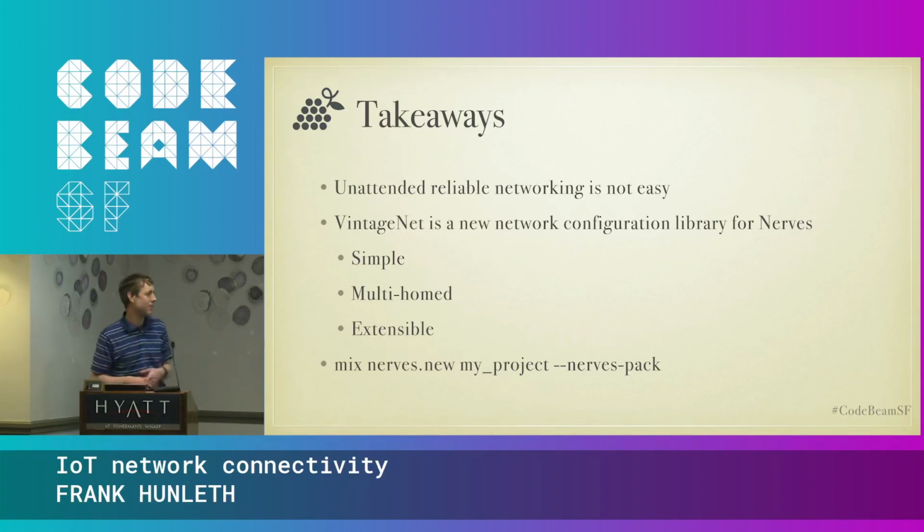If you don't use --nerves-pack, you'll get the Nerves gadget framework, which will use the old Nerves networking. Over the course of this year, hopefully we can document and bring all the other things in the ecosystem up to the point where that can be the default.